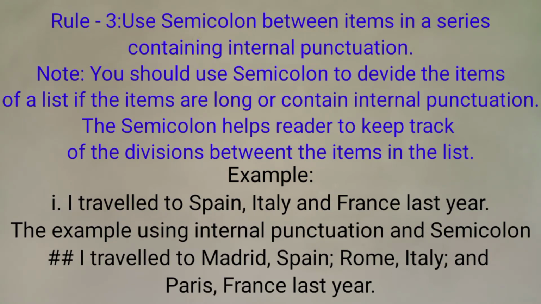It is not appropriate. You have to use a semicolon: I traveled to Madrid, comma, Spain, semicolon, Rome, comma, Italy, semicolon, and Paris, comma, France last year. Okay.